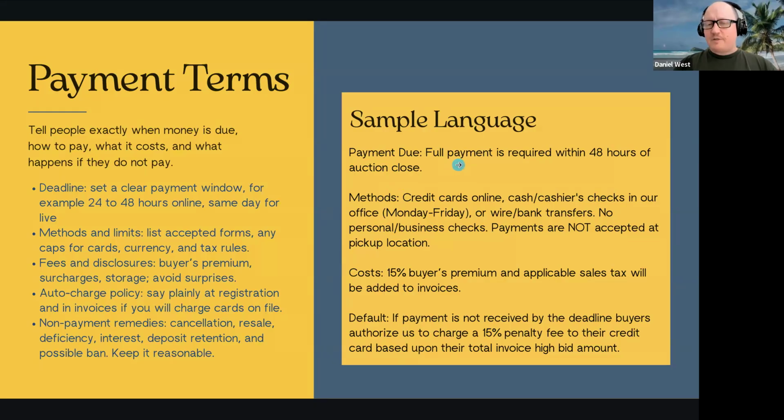And just like on the previous sample language, I think actually that there could be a little bit more disclosure here. So saying full payment is required within 48 hours of auction close is good, but saying that it's due by Friday the 26th by 5 p.m. Eastern time is much better. The more specific you are with your language, the happier everybody will be.